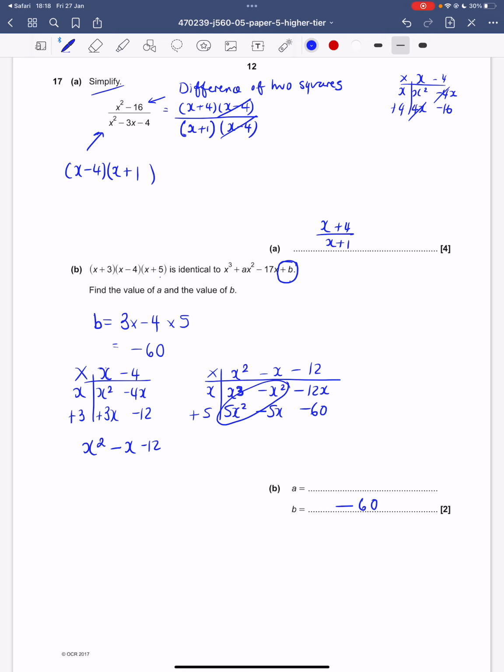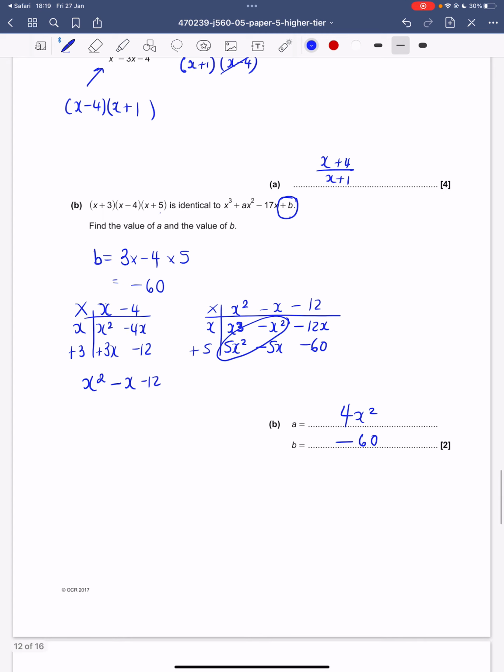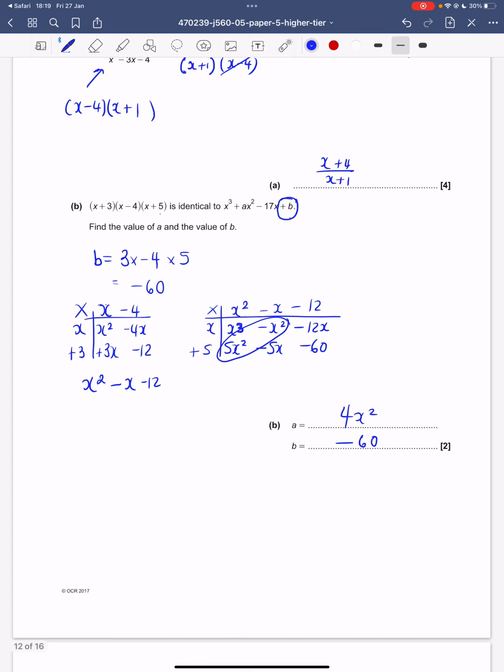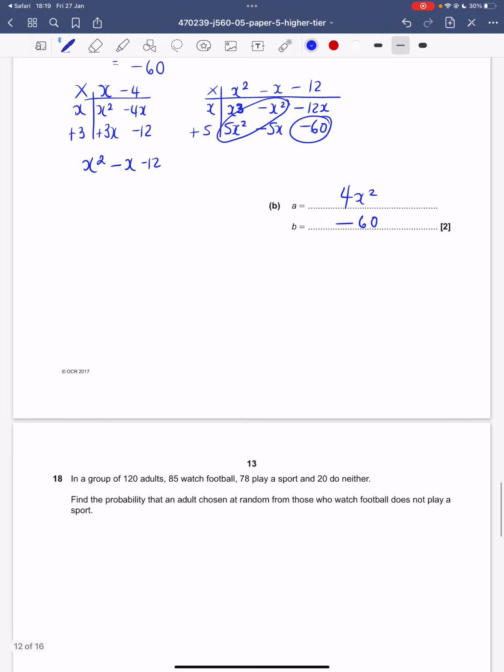So it's 5x squared minus 1x squared, 4x squared. There might be an efficient way of doing it, but that's for me. And there's the minus 60 anyway, so it's proof of that. Well, not proof, but it is checked.